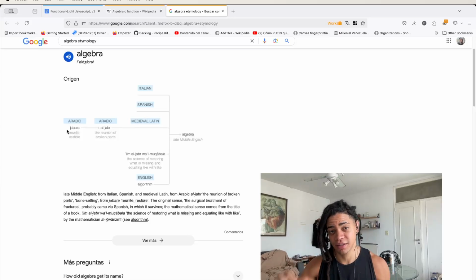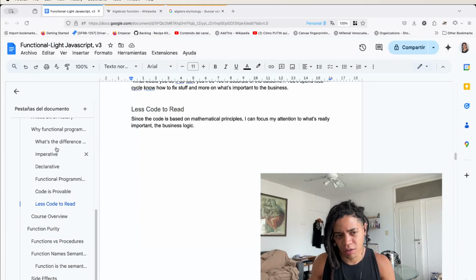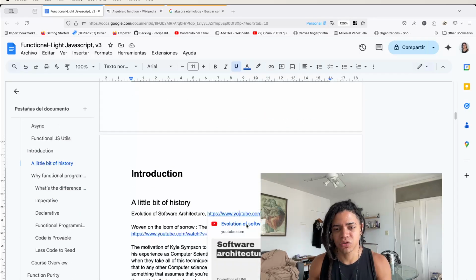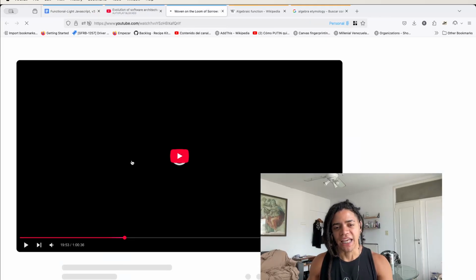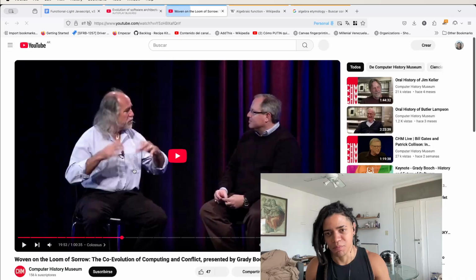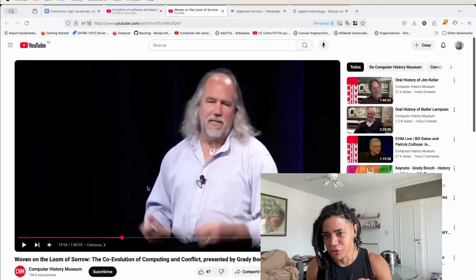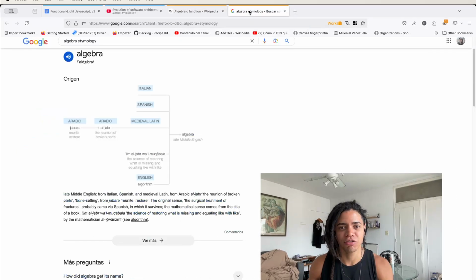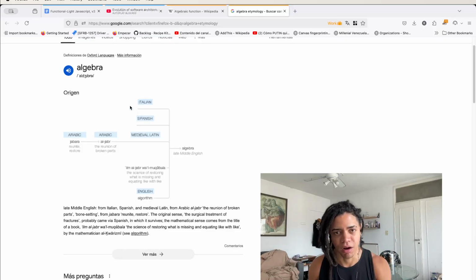This is one of the reasons why it goes a little bit beyond the scope of the course here. But this is why we look at the evolution of software architecture and the loom of sorrow, especially a history of computing, thanks to Grady Booch. Let's go back here. So algebra means the reunion of all of these broken parts.